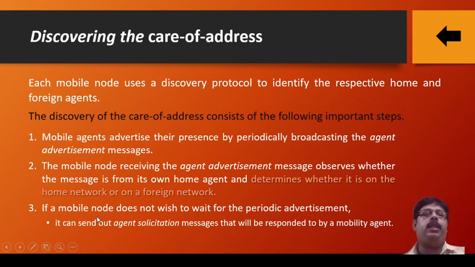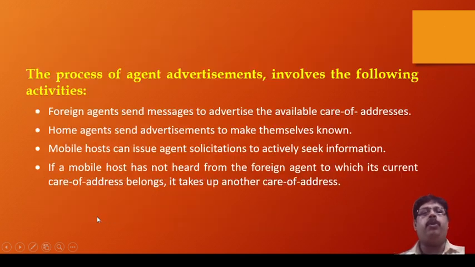The first one is the agent advertisement message, which is sent by the mobile agent and acknowledged by the mobile node, maybe in the home network or maybe in the foreign network. The second one is the solicitation message, which is sent by the mobile node and responded to or acknowledged by the mobile agent. This was about the discovery of the address, that is to identify the node position.